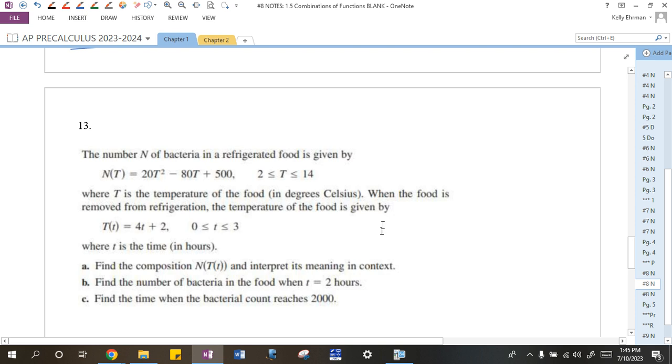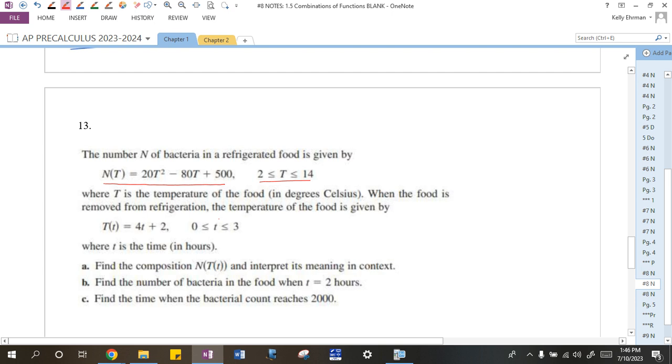Okay, here's an AP problem. And let's see, I'm not sure if we need, I think we can use our calculator for this one. So the number of bacteria in a refrigerated food is given by this function. Here's the domain, where T is the temperature of the food in degrees Celsius.